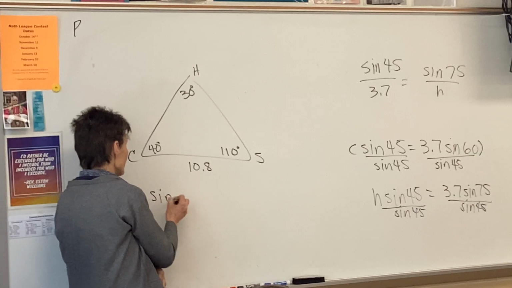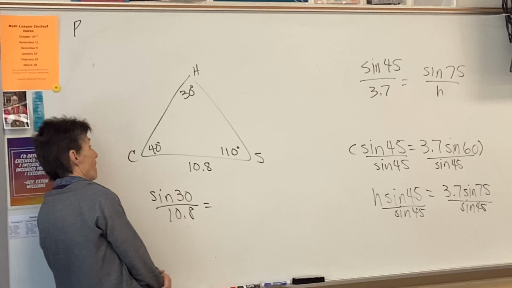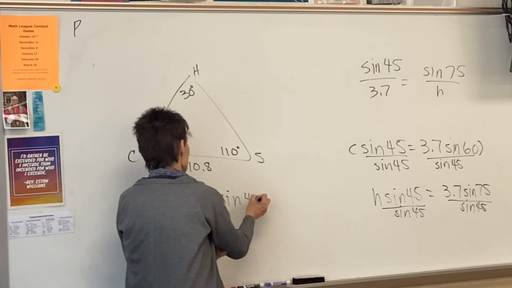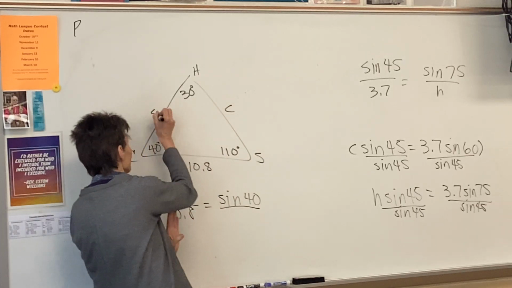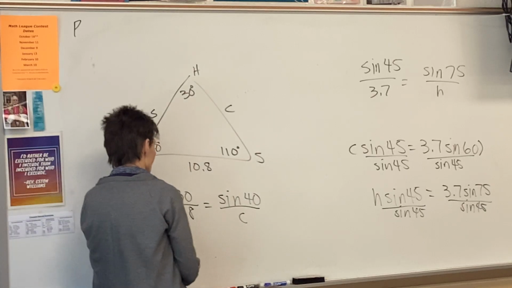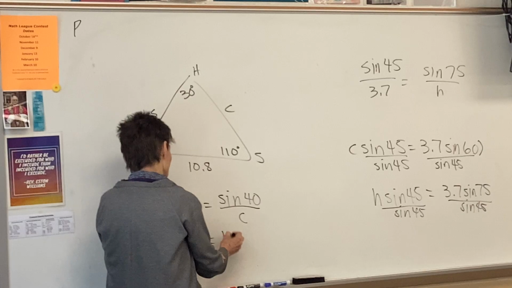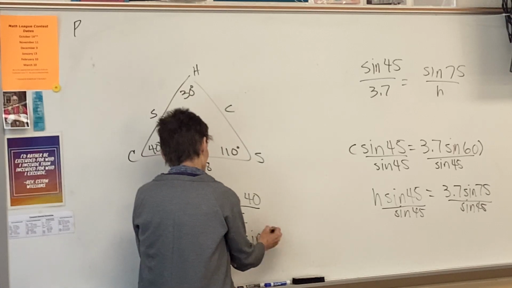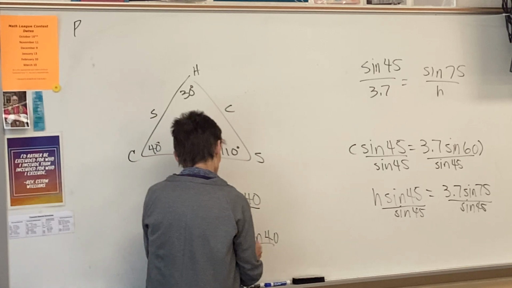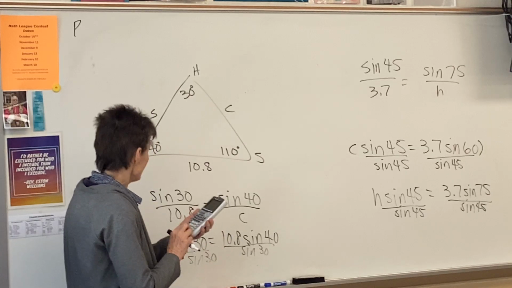So sine 30 over 10.8 equals sine 40 over C, and that would be side C. And then we can cross multiply and divide. And you should be able to tell me what side C is.